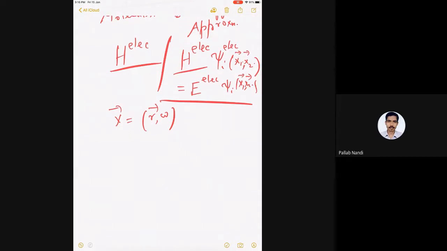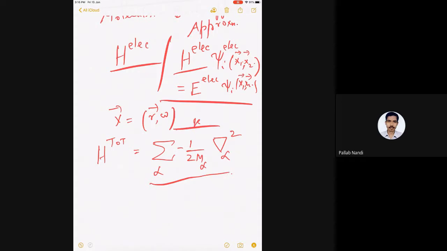If you look at the total Hamiltonian, of course you have a system where you have the kinetic energy of the nuclei. I'm going to write this as minus one-half over M alpha, Laplacian alpha. So this is the nuclear kinetic energy, again under the approximation of atomic units, where I have put 4 pi epsilon 0 equal to 1, h cross equal to 1, electronic charge equal to 1.